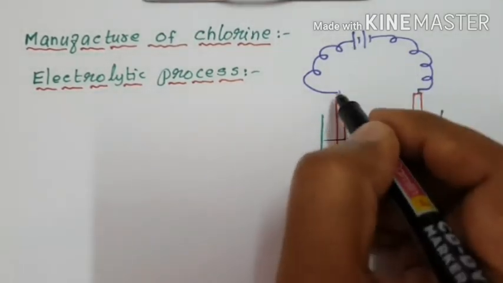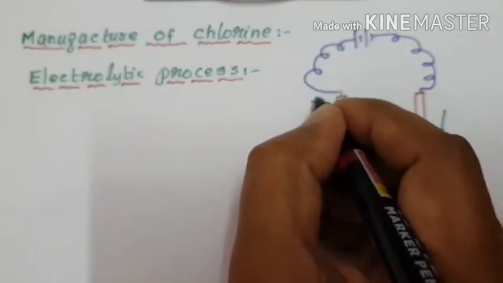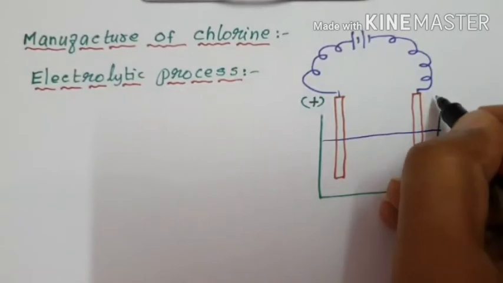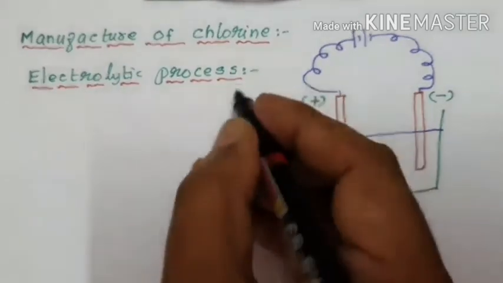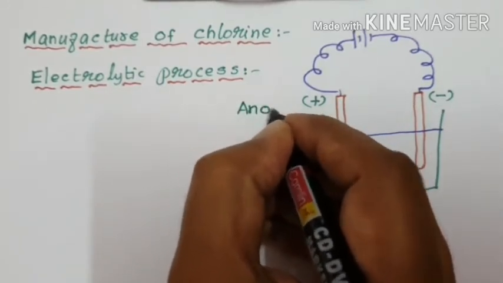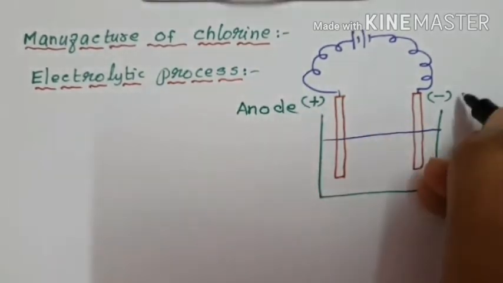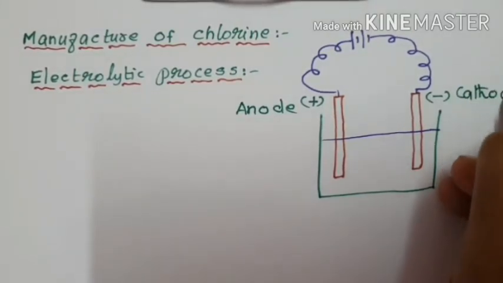The electrode connected to the positive terminal is called the positive electrode, or anode, and the electrode connected to the negative terminal is called the negative electrode, or cathode.